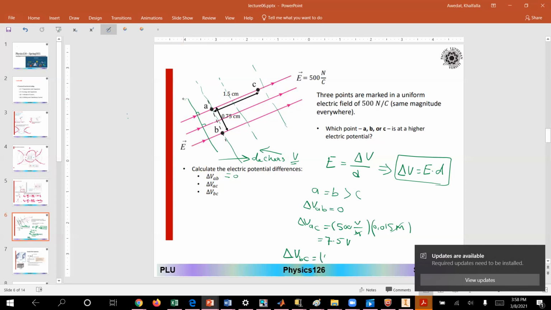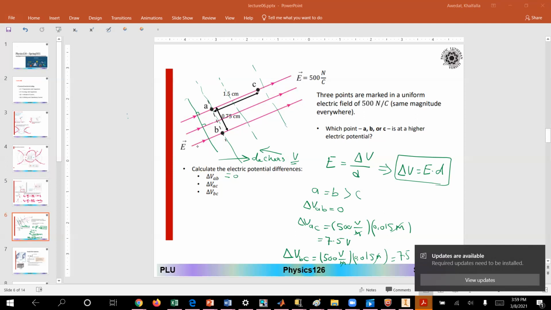I have E, 500 volt per meter, times the distance between B and C, which is the same as between A and C, 0.015 meters, and those units cancel each other. I end up with 7.5 volt, the same value that we got from the previous one.